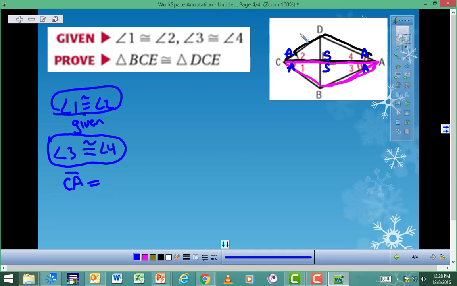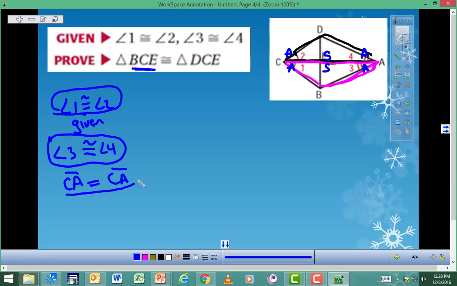I'm using the black triangle first, right? Oh, hold up. BCE is the bottom. Well, I'm using the top triangle first, right? And this side matches up with this side, right? So it looks like to me I should be using CA here also.